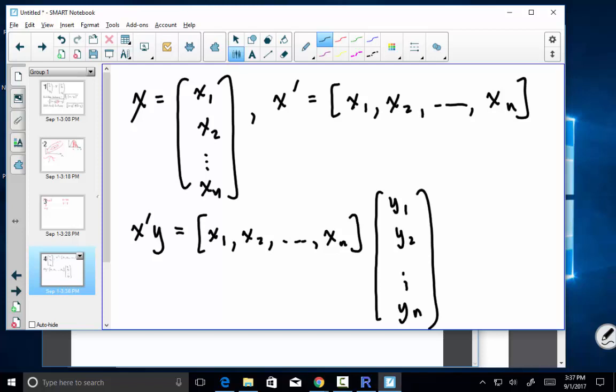You can do arithmetic with matrices. And the way you compute this is you go component by component. I would say x1 times y1 plus x2 times y2 plus dot, dot, dot. So in short, it is the sum from i equals 1 to n of the component by component products.